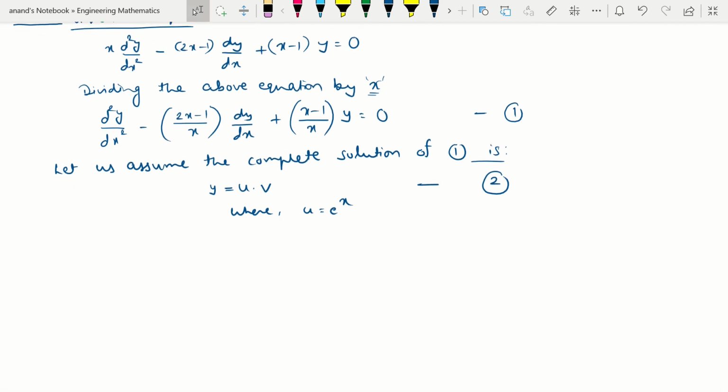We will follow the methodology we learned in the previous session.